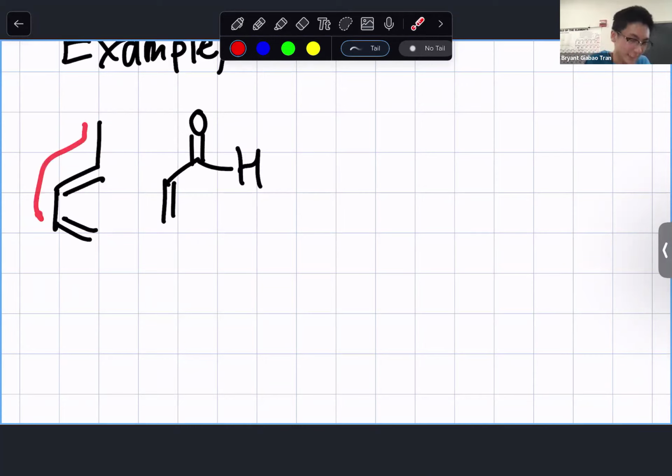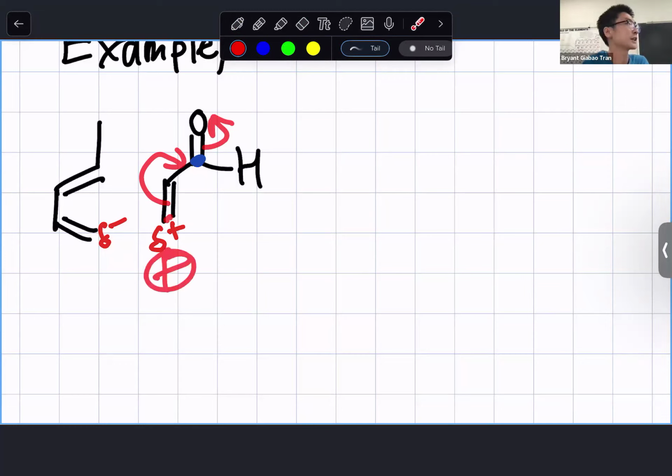That EDG is going to donate electrons and give this carbon here a negative charge. This is an EWG because we see the first atom attached to the dienophile is partial positive, which when we draw the resonance structure, we're going to have a partial positive charge at that carbon, because we know that when we do its resonance structure, like this carbon here loses a bond, having a full positive charge in its resonance structure, right?